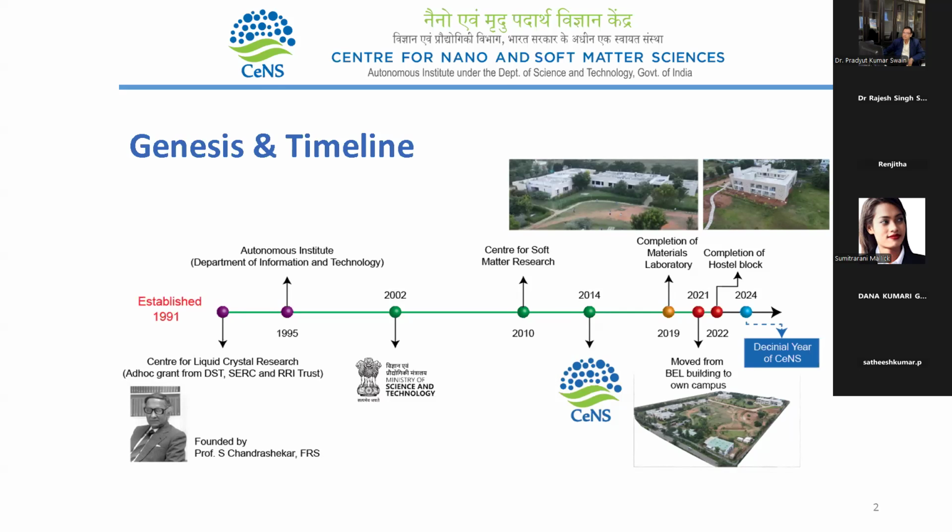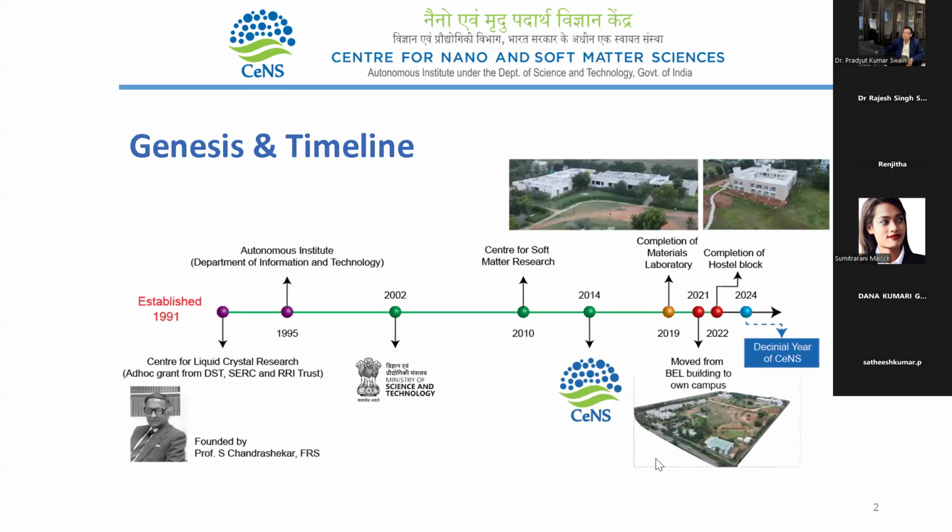It was established by one of the well-known liquid crystal scientists. Later, it has undergone different changes, and the Department of Science and Technology took over the institute and broadened the scope of research. Then nano was taken into it, and it became Center for Nano and Soft Matter Sciences, as it is now.